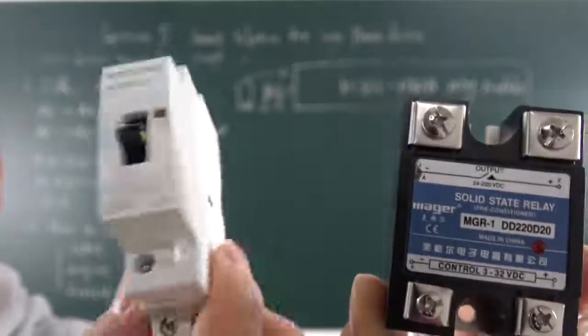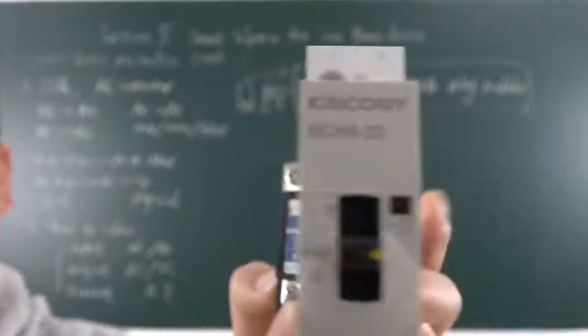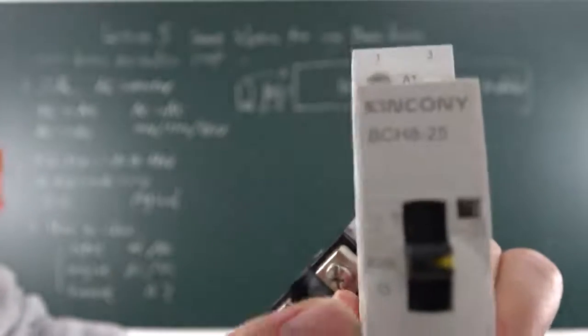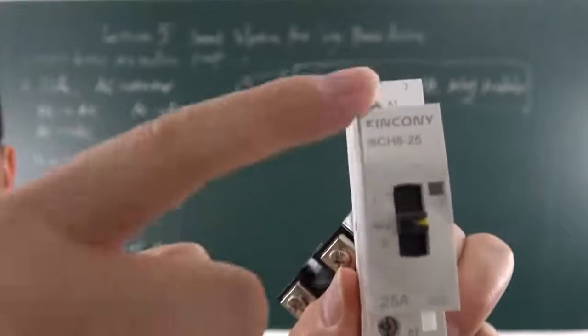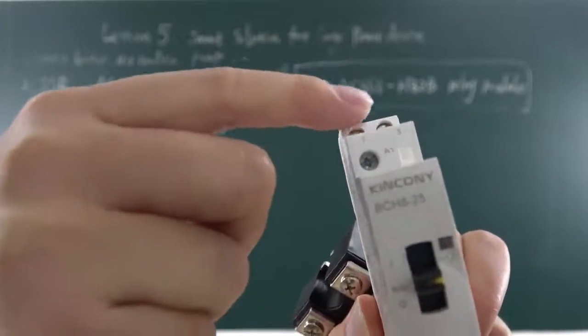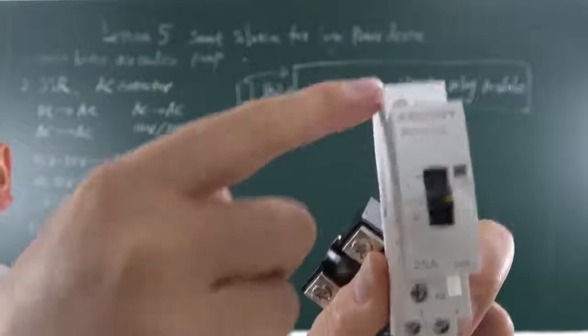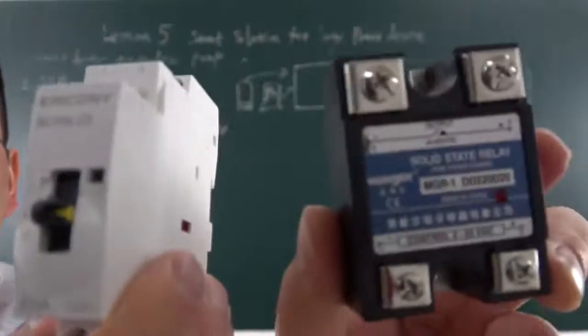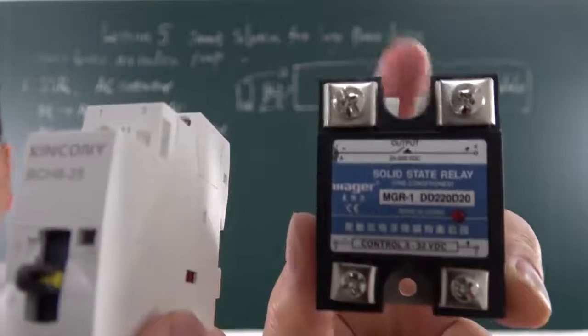And this is the AC contactor. On the AC contactor, these 2 points are given the AC power, and the up and down points close and open. The SSR is controlled by the SCR and makes no sound.